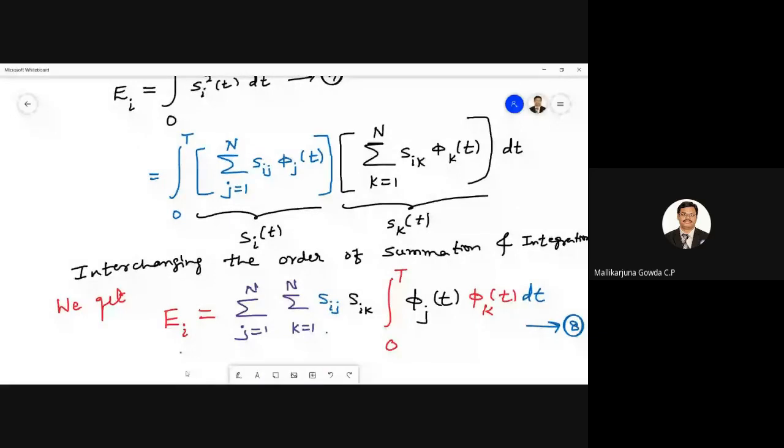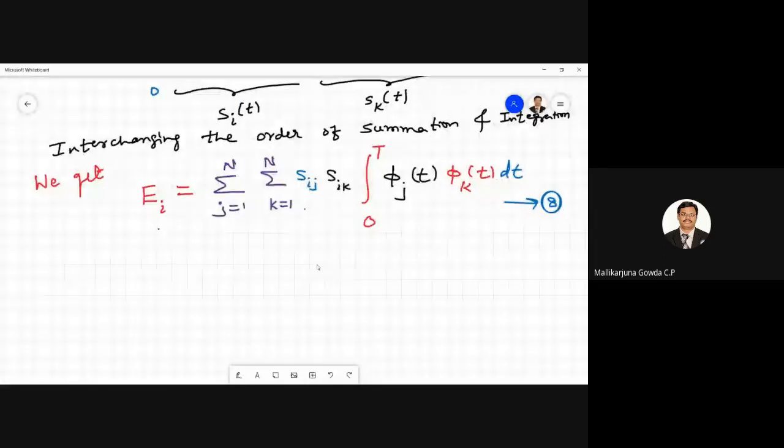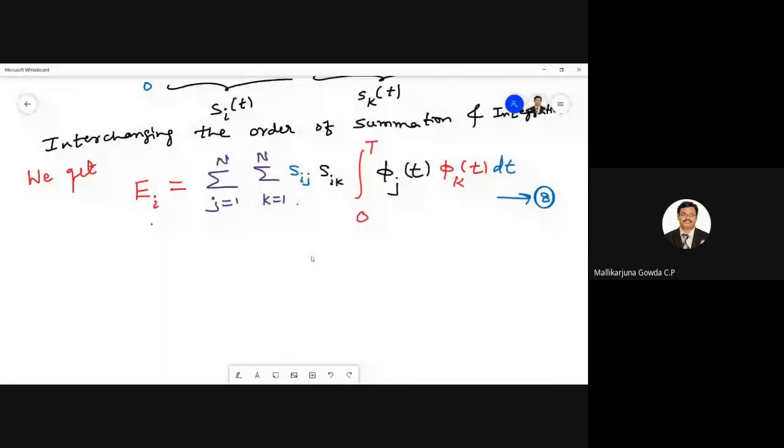Now let us apply the integral from 0 to t for two orthonormal basis functions, that is, phi i of t, phi j of t into dt is equal to 1 when i equals j and equal to 0 when i is not equal to j. Hope you remember that. That is equation 3, what I wanted to say.